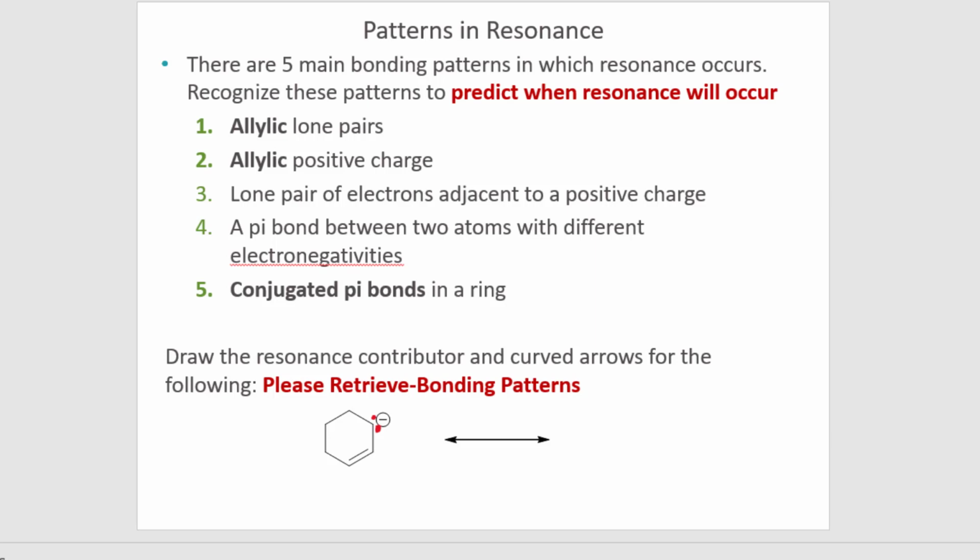I can use that lone pair starting from the negative, take that lone pair and dump it right between the two carbons. Now I know that that carbon has an octet, but I can break pi bonds. Remember, not sigma bonds, but I can break pi bonds and dump those pi bond electrons into the carbon on the far end. Let's redraw this and see where it gets us.